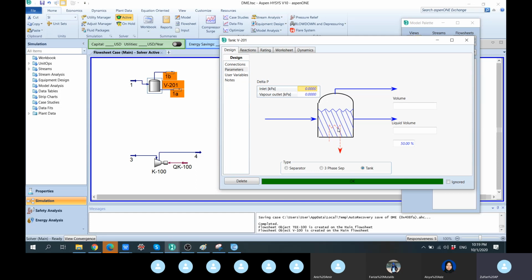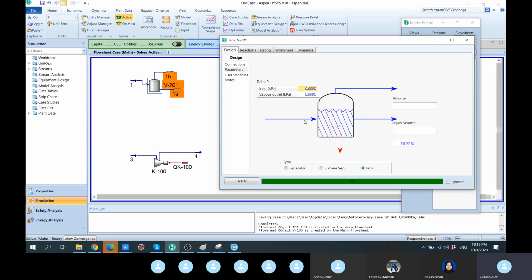So pressure and temperature are the 2 degrees of freedom that we need to be able to calculate the separator, the tank, or basically the flash calculation. So we specify delta P as 0, so that's 1 degree of freedom. In this case they also specify the delta P for the vapor outlet, from here to there.